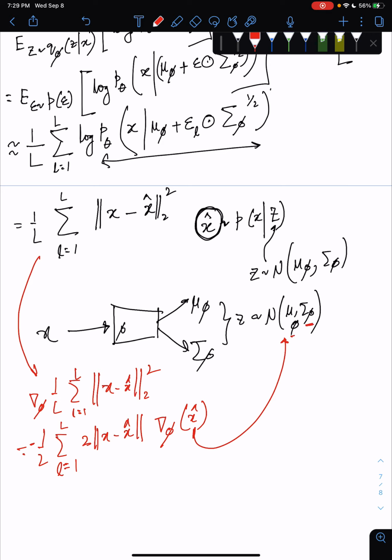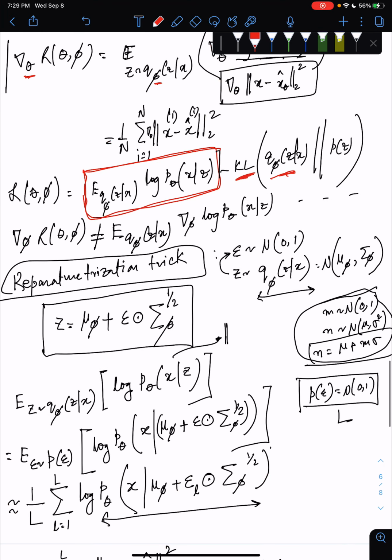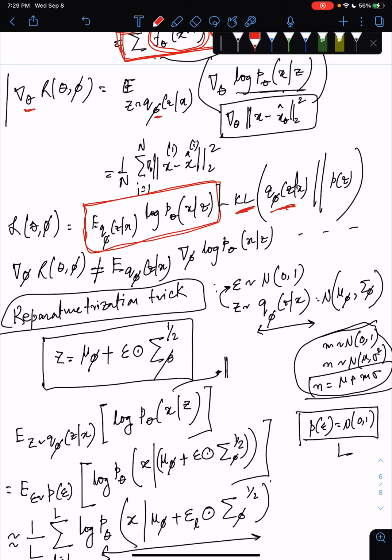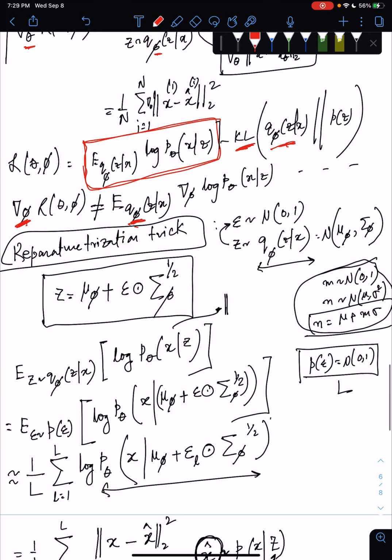This is actually called the reparameterization trick, because we cannot take the derivative with respect to phi, because my probability distribution is parameterized by phi. So what we did, we expressed these z's in terms of these epsilons, which are sampled from a standard Gaussian distribution with zero mean and unit variance.